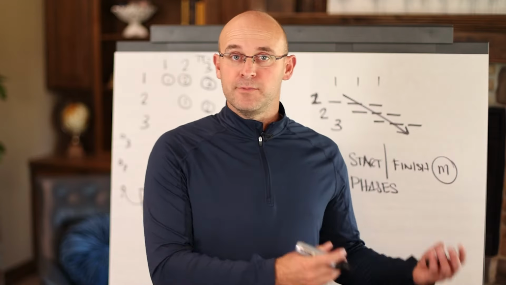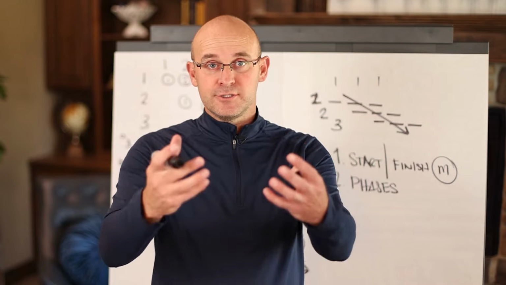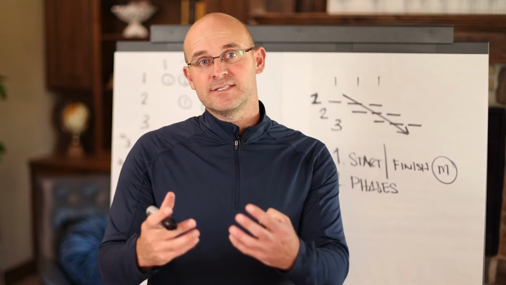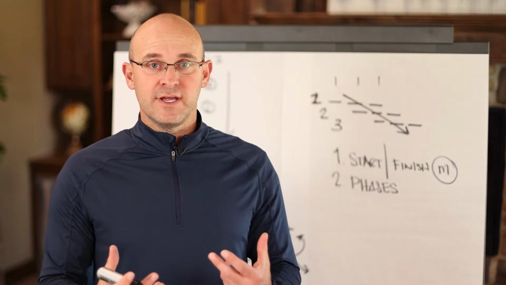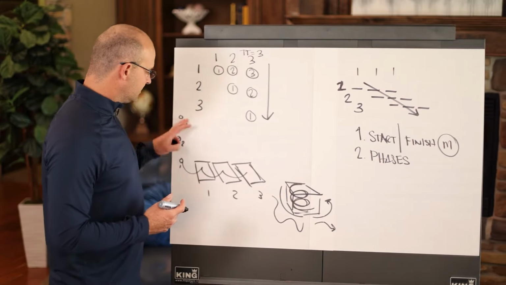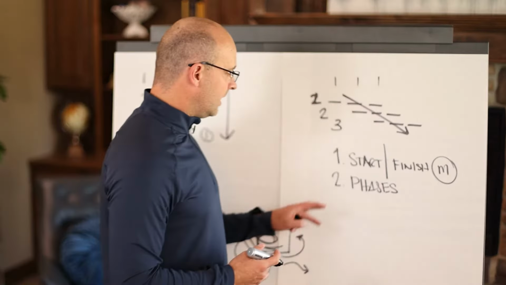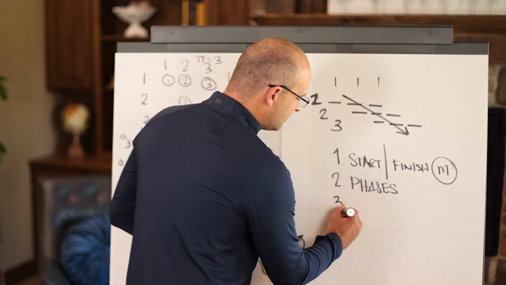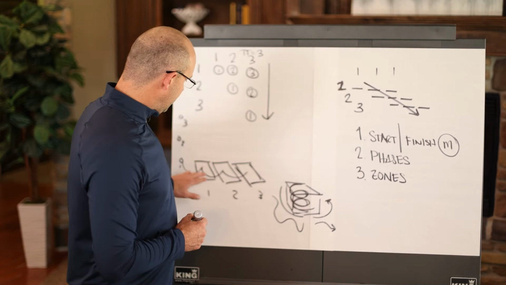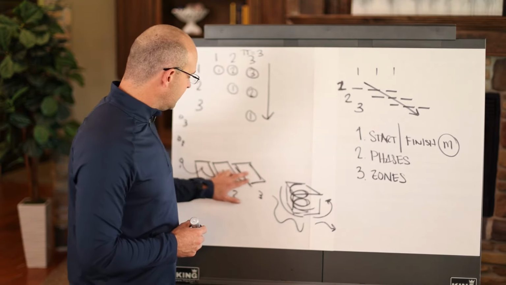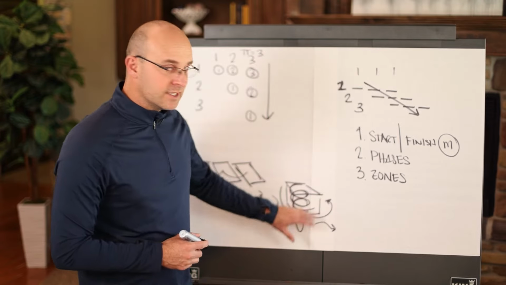For construction, that would be make ready, foundation, superstructure, interiors, exterior, site work, testing and commissioning. What are the major phases that again have their own zones and their own trades? Once you have that, each of those phases must have identifiable zones inside of them, meaning the specific spacing of the geographical locations within the phase.